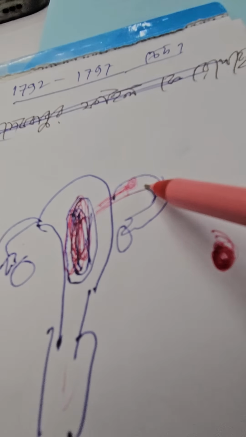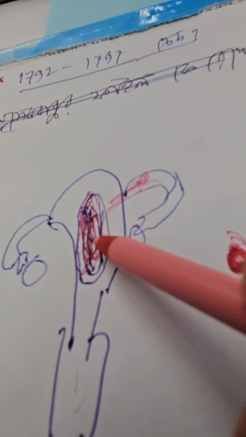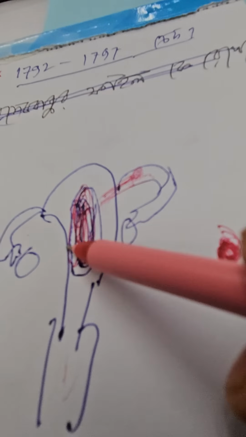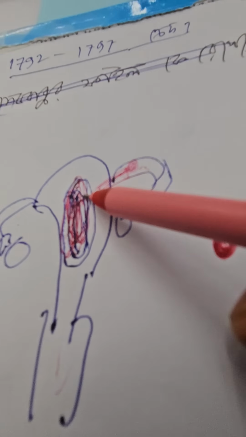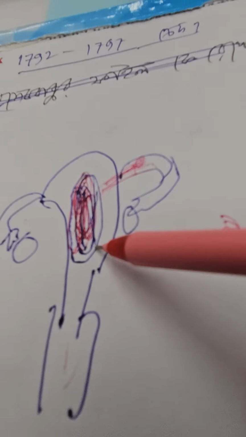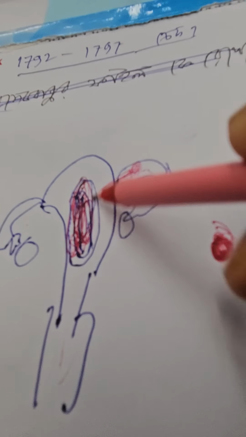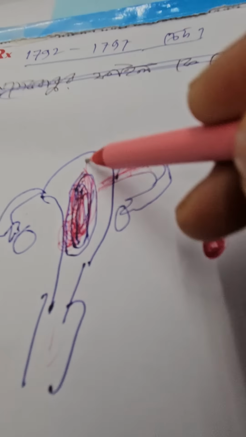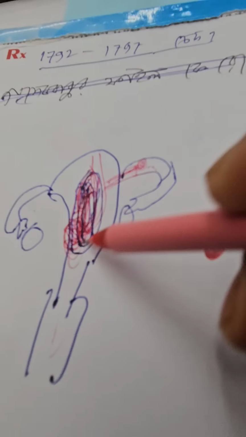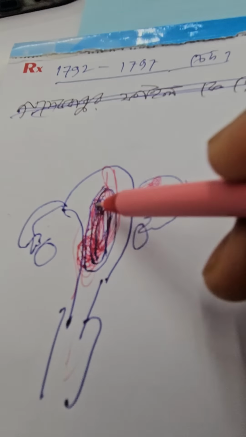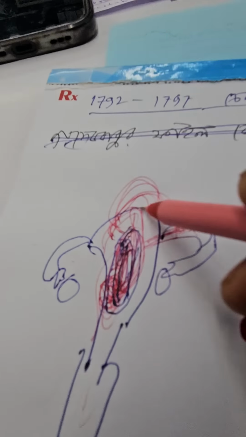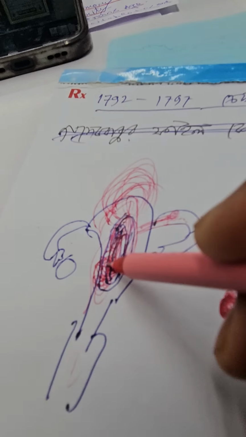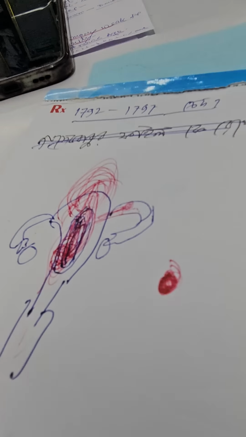And this zygote enters into the uterus. Into the uterus, there is a cavity known as the endometrial cavity or uterine cavity, where the zygote slowly increases and forms a human shape. The uterus increases gradually. This is the normal phenomenon.